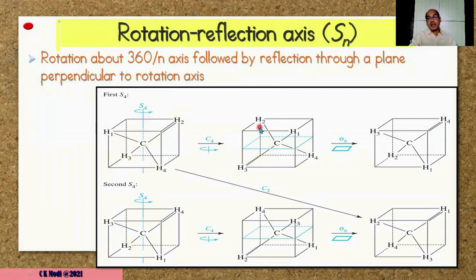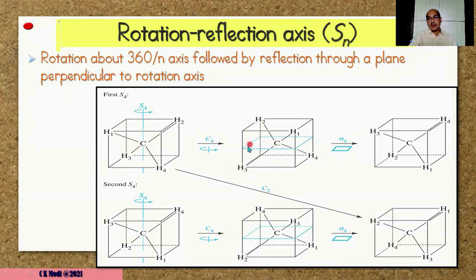So after the 90 degree rotation about the Z axis, we get a new structure, where H1 is here, H2 here, H3 here, and H4 here. Now this is the original structure. Now compare with the original structure. Is it an equivalent structure? No. We can say it is not an equivalent structure because H1 is here, and in the original structure there was no atom at this position of H1, यहाँ पे कोई atom नहीं है. So therefore this is not an equivalent structure.